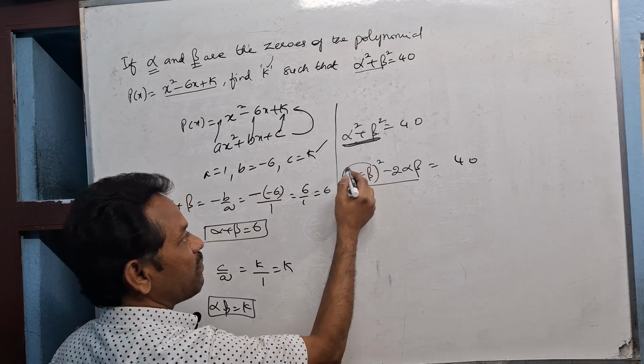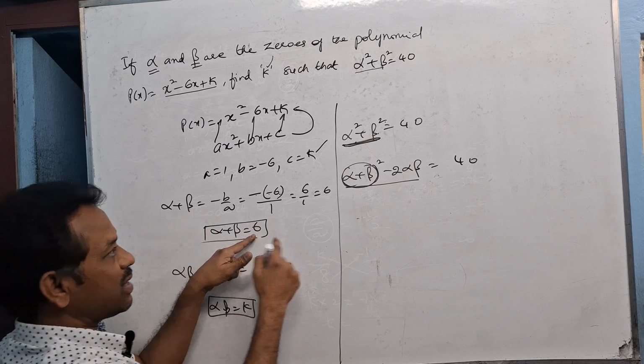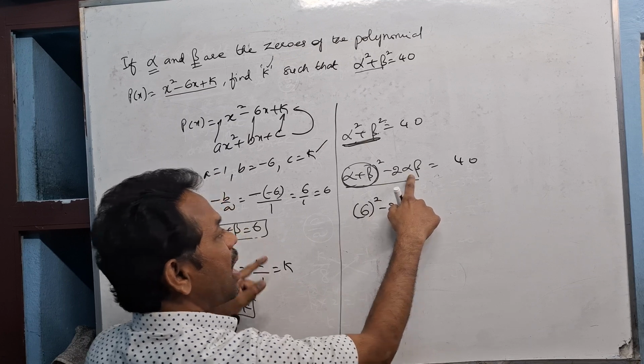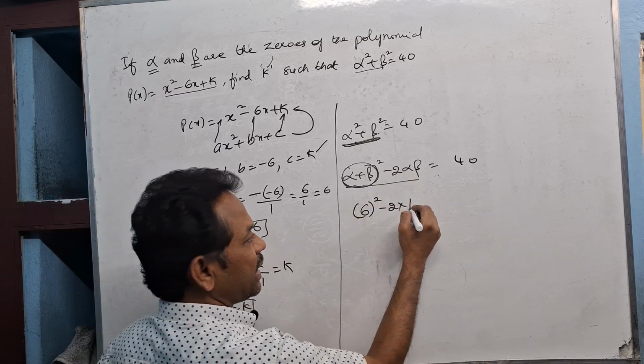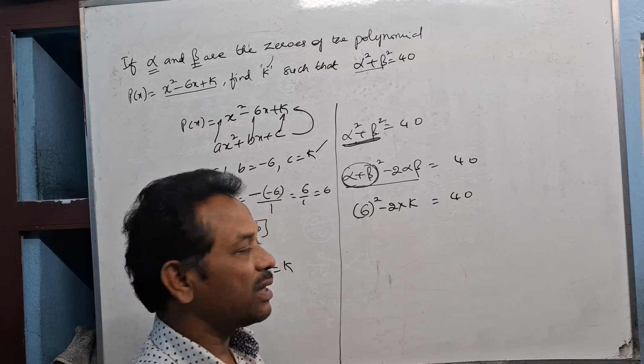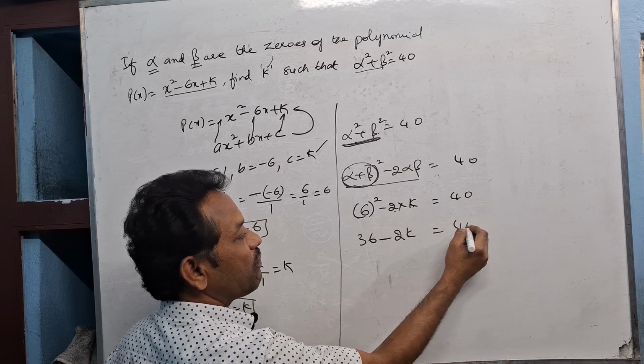We already know the value of alpha + beta is 6, so 6² - 2k = 40. 6² is 6 × 6, which is 36. So 36 - 2k = 40.